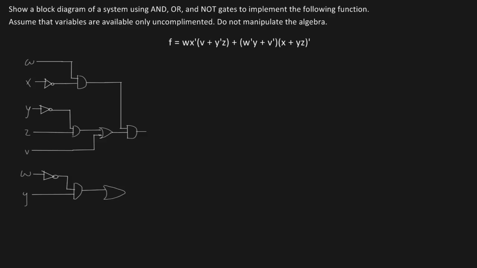I don't like that. Okay. And now we need this V here. It's complemented V. So we've got the V outputted into a NOT gate to get the complement again.